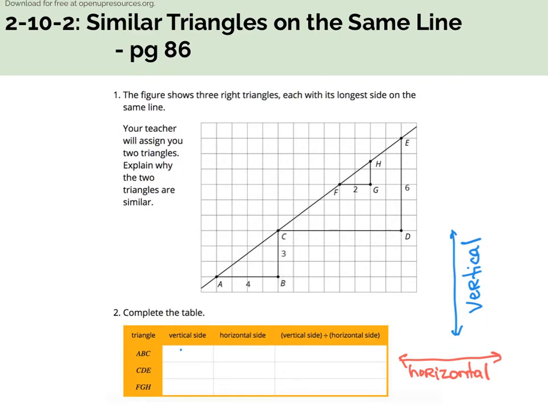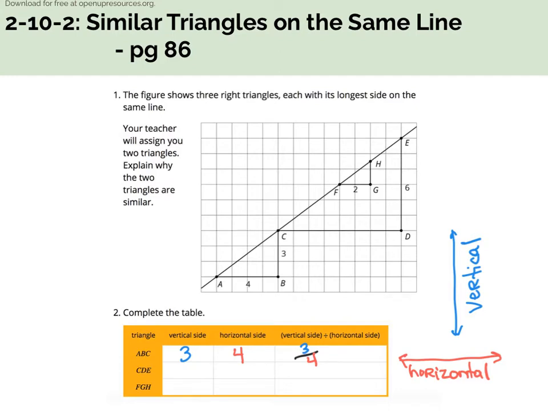So that is 3. Horizontal is side to side. That is 4. And then let's write it as division. So we're going to have 3 divided by 4. So what I want you to do is pause right now, go ahead and fill in the rest of this table, and then we'll talk about it further.